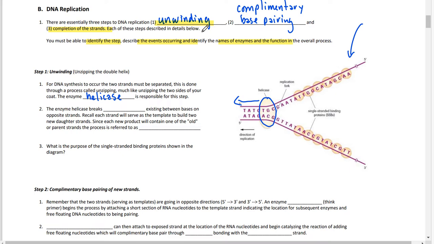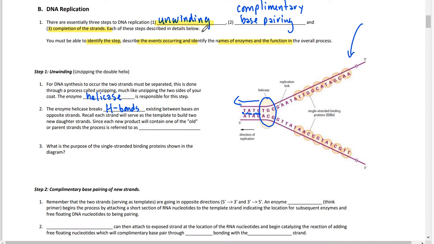We have this enzyme helicase, which is unzipping the two strands. The helicase enzyme, remember, is essentially breaking hydrogen bonds that are existing between bases on opposite strands. So we've got these hydrogen bonds occurring here in between, and that helicase breaks those bonds apart.